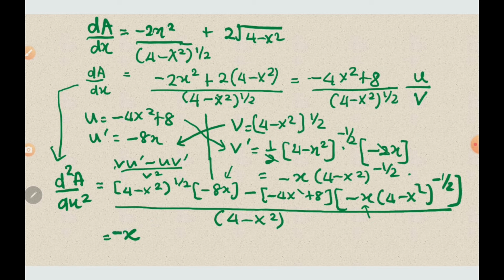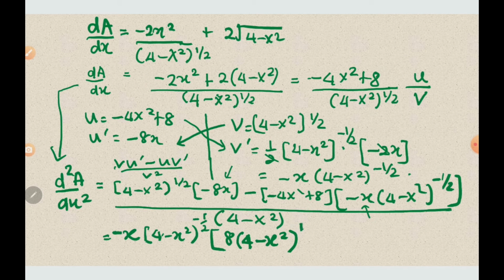Then both terms also have (4 - x²) to the power of -1/2. I will factorize the smallest factor. So the remaining term here is 8 multiplied with (4 - x²), which is (4 - x²) to the power of 1 actually.